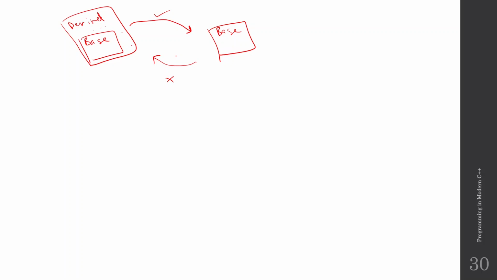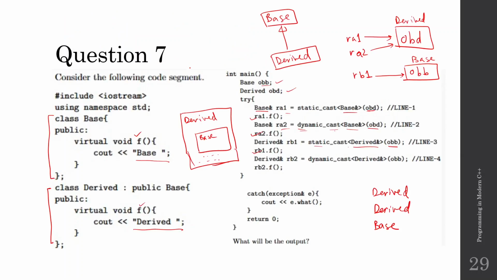But dynamic cast will perform this check to make sure that this conversion is a valid or logical conversion. Since this is not a logical conversion, dynamic cast will throw an exception. Dynamic cast will throw an exception called std::bad_cast.